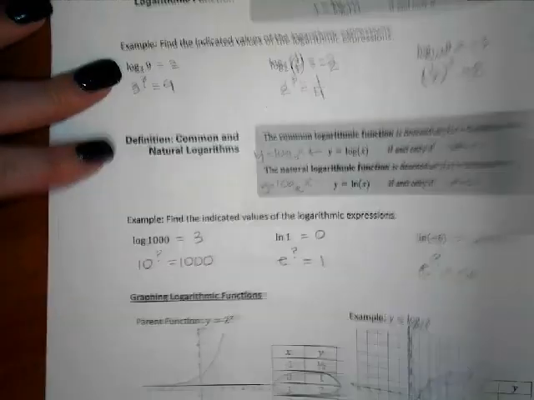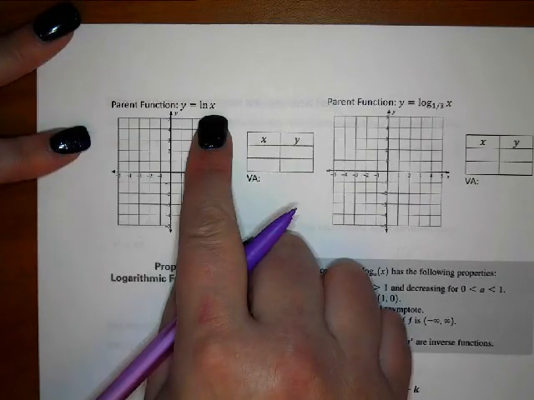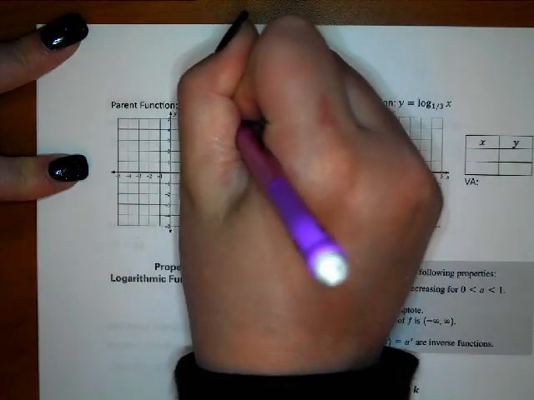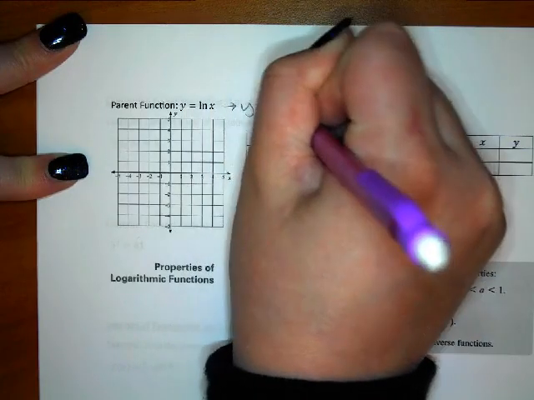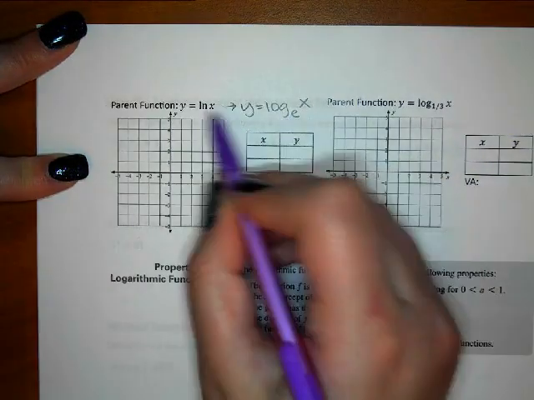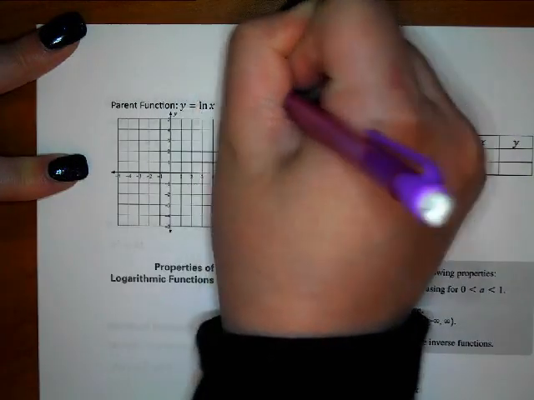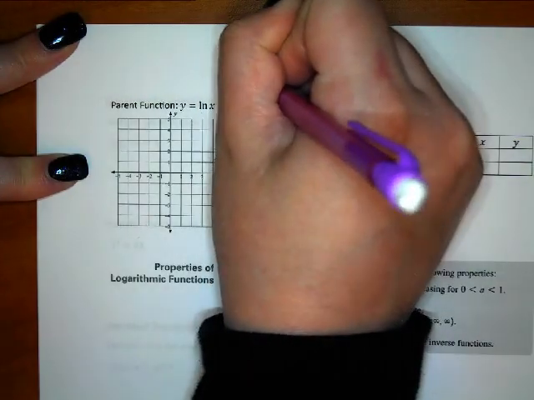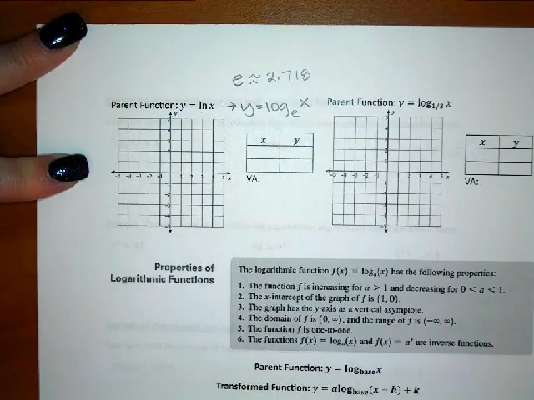So if we turn to the next page, we have ln x, which is just y equals log base e of x. So we don't have to be intimidated. We know that it works the same as logs, and we know from previous notes that e is approximately 2.718, or 2.7. It's just Euler's number.